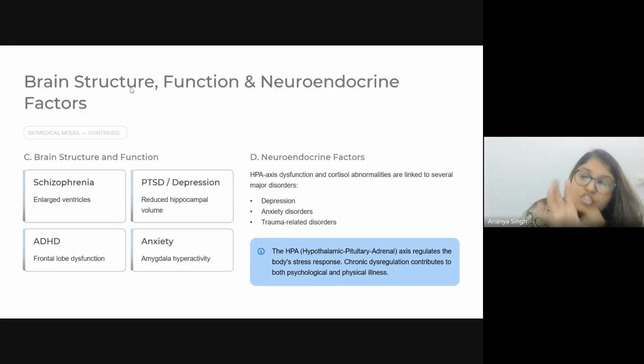Research in this model goes on alternately and consecutively with research in other models, and we keep ourselves updated with all of these in order to enhance our understanding of each disorder. There's no definite outcome. If somebody asks what causes schizophrenia, you cannot have one definite answer, like this gene caused it. That's not how it works.